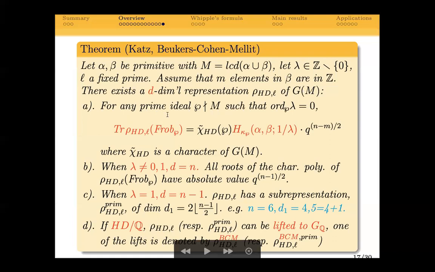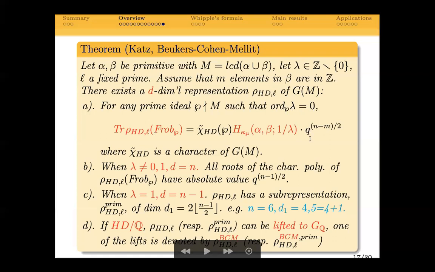For any unramified prime p, so when p does not divide the least common denominator and the order of p dividing lambda is also 0, the finite dimensional Galois representation is characterized by the property that the trace of a Frobenius element is more or less determined by the finite field analog of the hypergeometric sum, plus possibly some power of q.